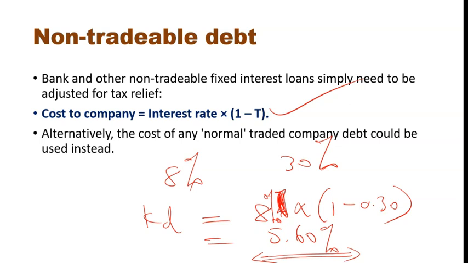Remember, this one is non-traded, and usually the book values given are going to be used as your values when you are calculating the weighted average cost of capital. So the value of the debt is actually the given value, or the book value usually, because it is difficult to come up with a market value since this type of debt is not going to be traded.